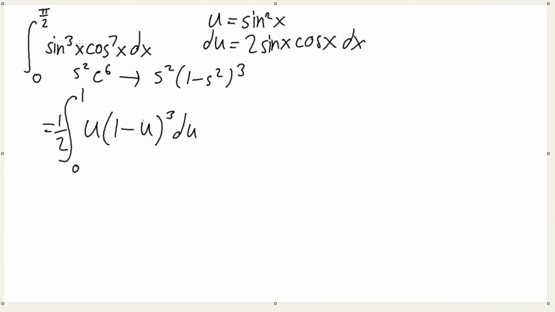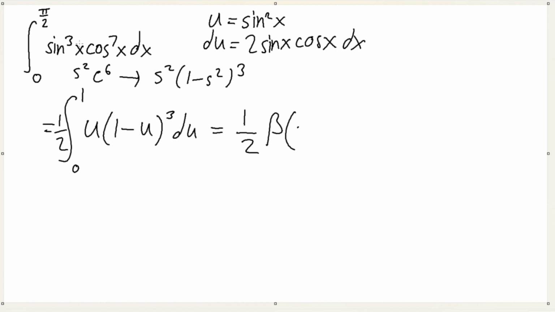And now it's a lot easier for us to see that this is just a beta function. You can actually do another substitution by doing 1 minus u again, and then you'll be left with w cubed times 1 minus w, and that's also very easy to integrate. But for now, because this is a beta function, let's practice our beta function.